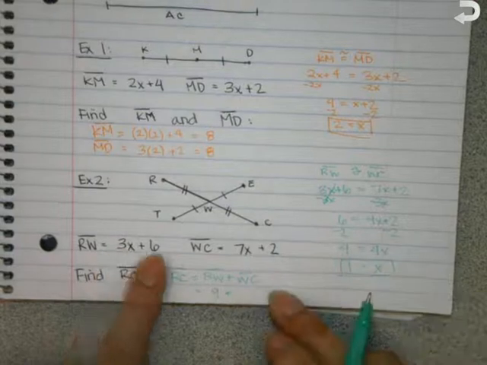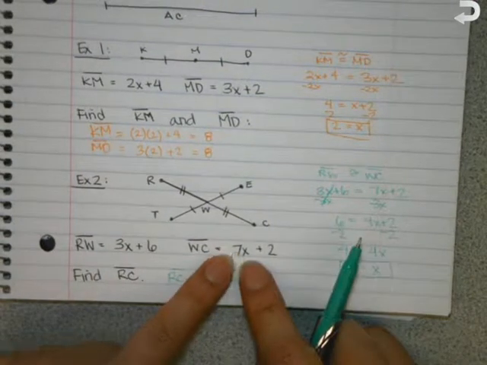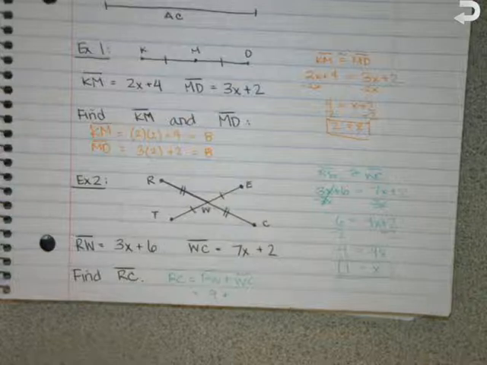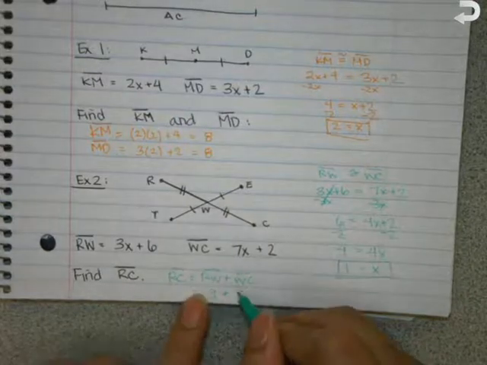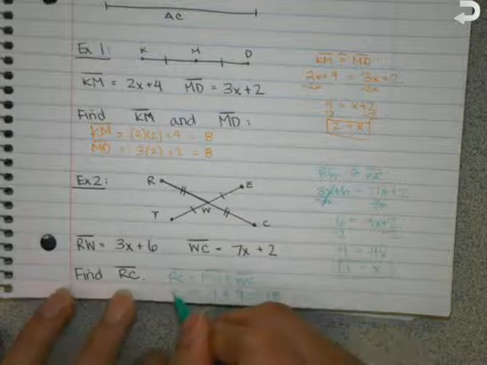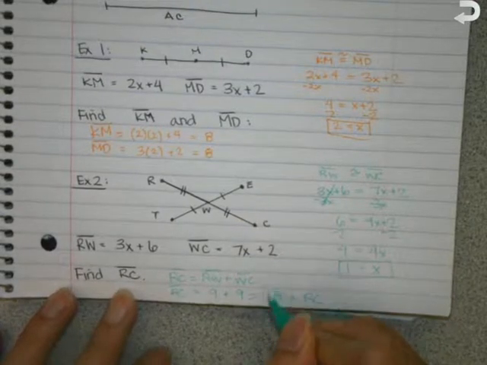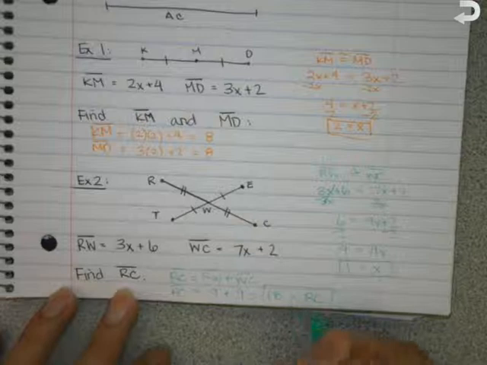Of course it should be 9, but let's go ahead and check it, right? So 7 times 1 is 7, plus 2 is, again, 9. So 9 plus 9 is 18. And so RC is 18, you guys. That's our total length here. And that's a segment, by the way. Okay.